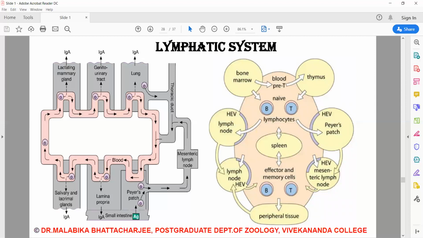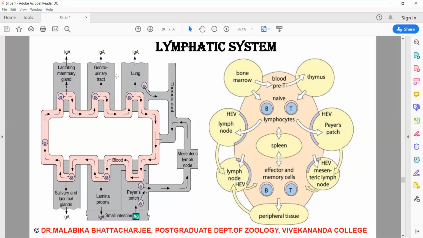Through the blood, the lymphocytes are moving. Or it can move out, during the process, can mature to become an IgA, because IgAs are extensively found in the mucosal surface. Or it moves and produces, since it has matured to a particular clone of IgA, it moves through the blood and can come out into the lactating mammary gland or the genitourinary tract or the lungs.